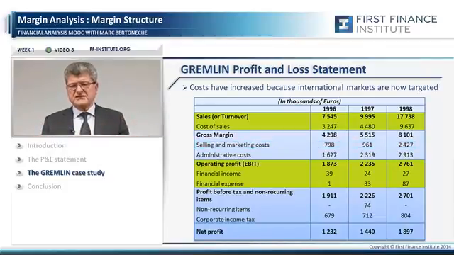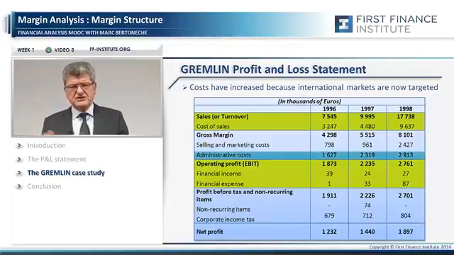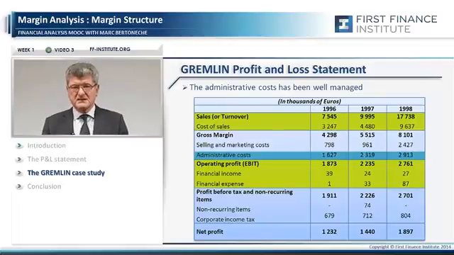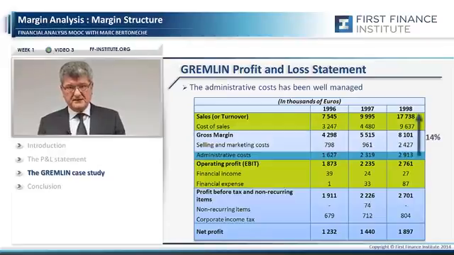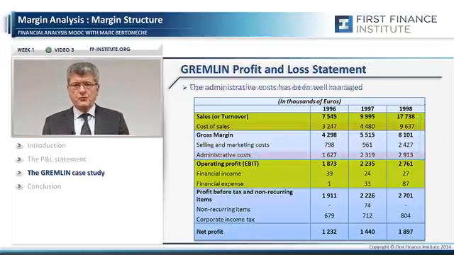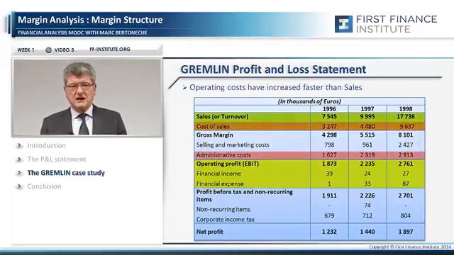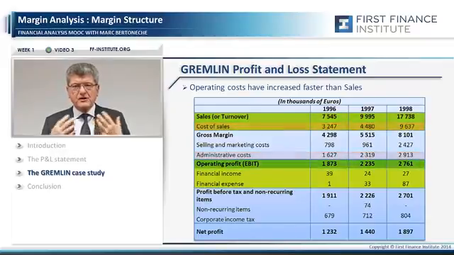The only satisfaction is the administrative cost, which has been well managed, probably thanks to some economies of scale, and went from 22% of sales to 14%. But globally, the operating costs have increased faster than sales, and the operating profit has not enjoyed the same growth as revenues.